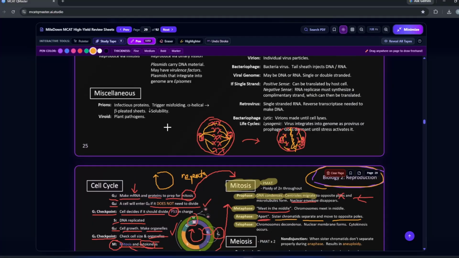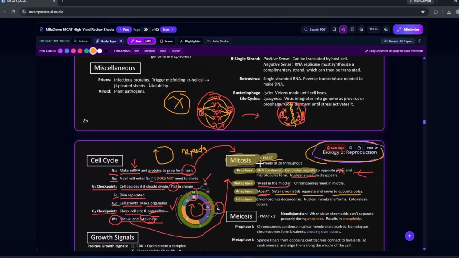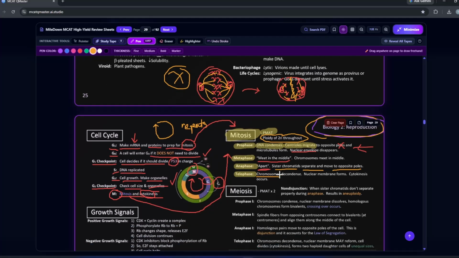So here's your chromosome, right? And then we'll talk about chromosomes versus chromatids in a sec, and we'll also talk about the ploidy, because these are all terminologies which basically describe chromosomes in a sense, so I'll explain that later. And then in telophase is when chromosomes decondense and your nuclear membrane forms, and then cytokinesis occurs.